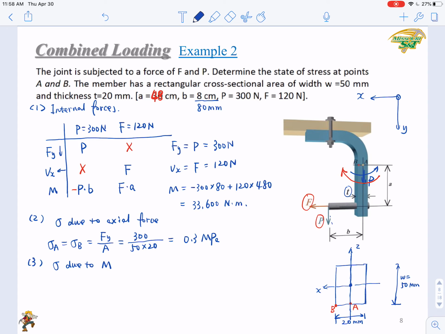A is right on this axis, meaning that y_A equals what? y_A equals 0, right? So sigma A equals 0.